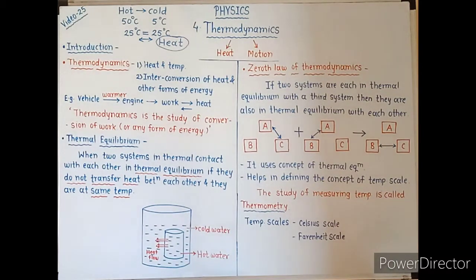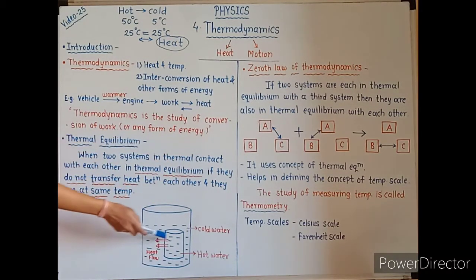So we can define thermal equilibrium as follows: two systems in thermal contact with each other are in thermal equilibrium if they do not transfer heat between each other and they are at the same temperature.